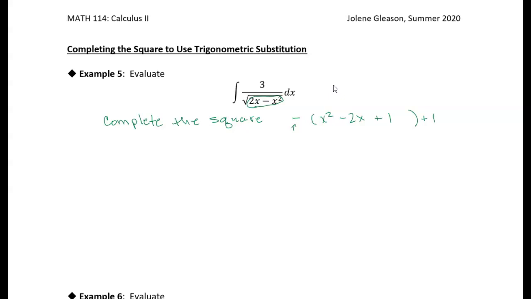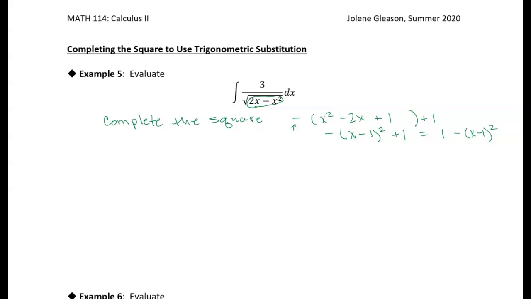But what that allows me to do is rewrite this as negative x minus 1 quantity squared plus 1, which probably looks a little better if I write it 1 minus x minus 1 squared. Okay, so now instead of the quadratic under the square root here, I'm going to replace it with this equivalent expression where I've completed the square.